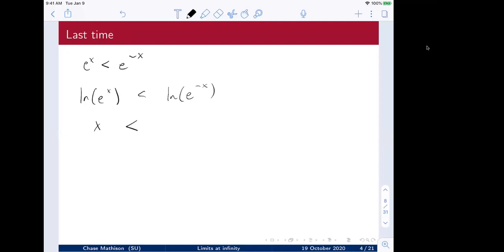So that's less than negative x, right? So then from there, I can add x to both sides. Plus x, plus x. I get 2x is less than 0. So what does that tell me about x?